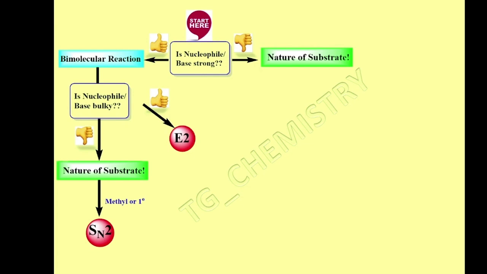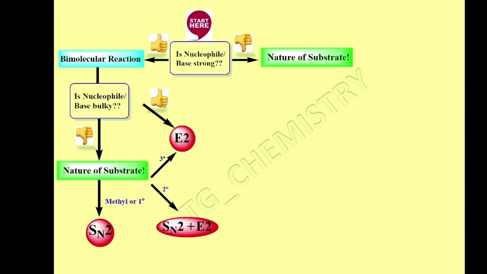Okay, and if the substrate is a 3 degree alkyl halide, it will again follow the E2 elimination pathway, and if the alkyl halide is 2 degree in nature, it can follow either the SN2 or E2 pathway.